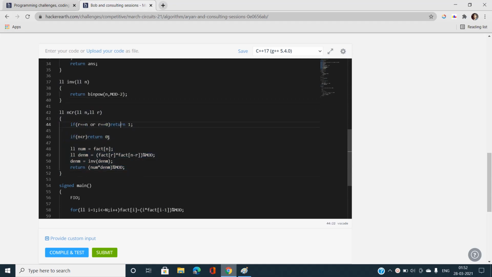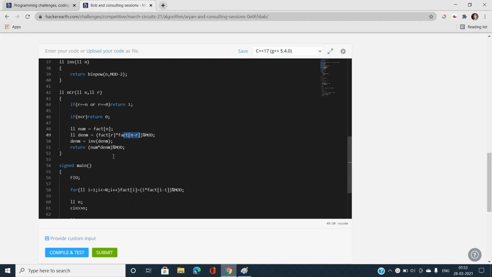Otherwise, if n is less than r, return 0. The numerator would be n factorial, the denominator will be r factorial into n minus r factorial, and we need to take modulus because sometimes the integer may overflow. For the denominator I have taken the inverse and then multiplied it with the numerator to calculate nCr.